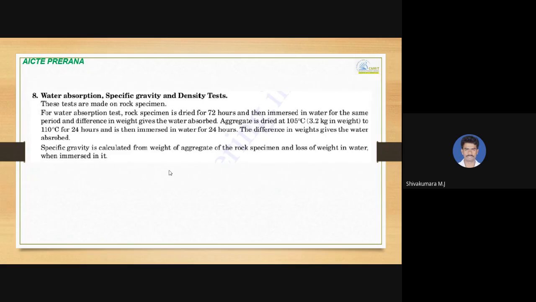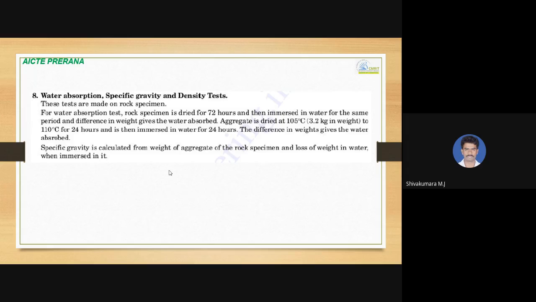Next is the water absorption test, specific gravity, and density test. These tests are made on rock specimens. For the water absorption test, the rock specimen is dried for 72 hours and then immersed in water for the same period, and the difference in weight gives the water absorbed.